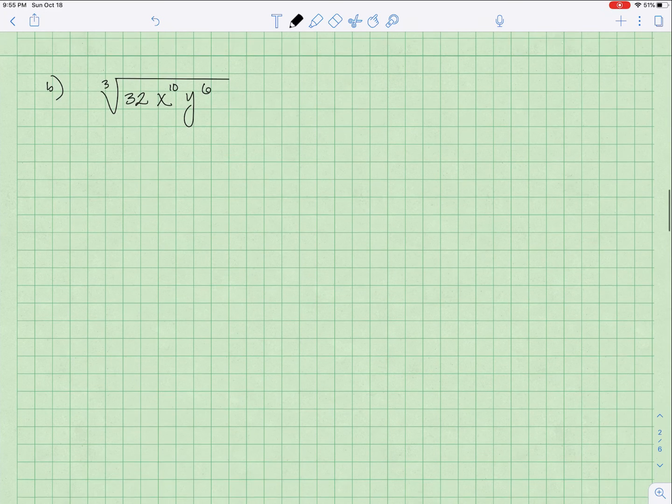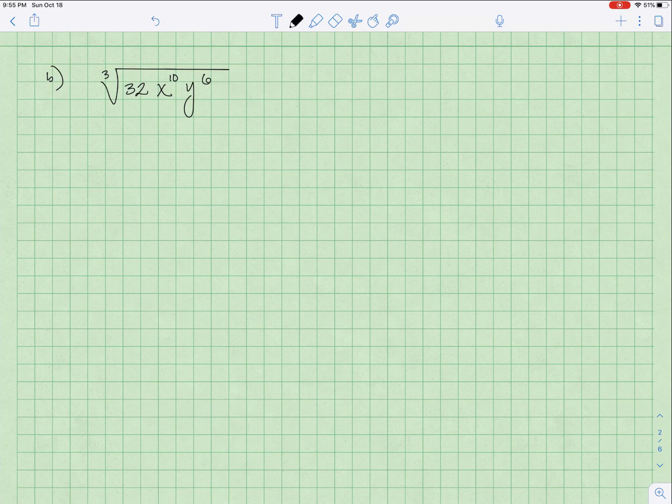So let's try another one. Here's b. Let's see, this is 32 x to the 10th y to the 6th power raised to the 1/3. So again, the cubed root is the 1/3 power.